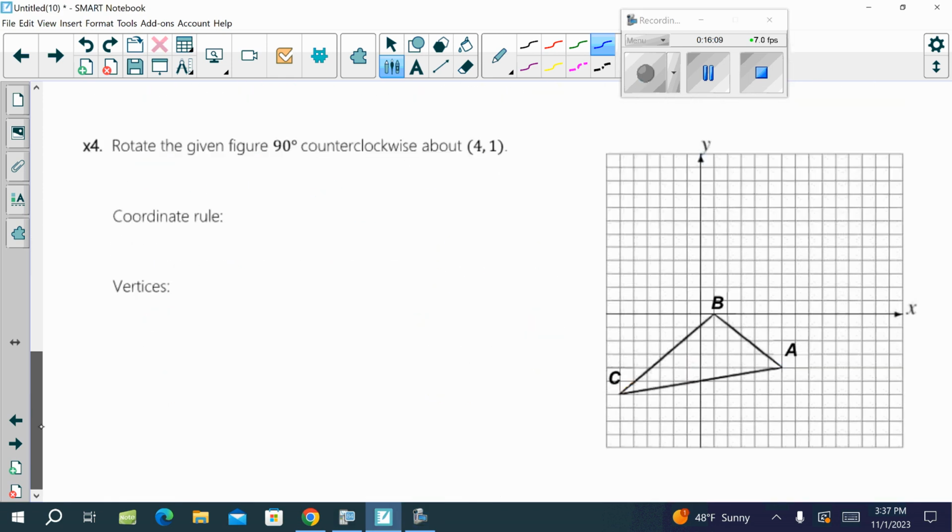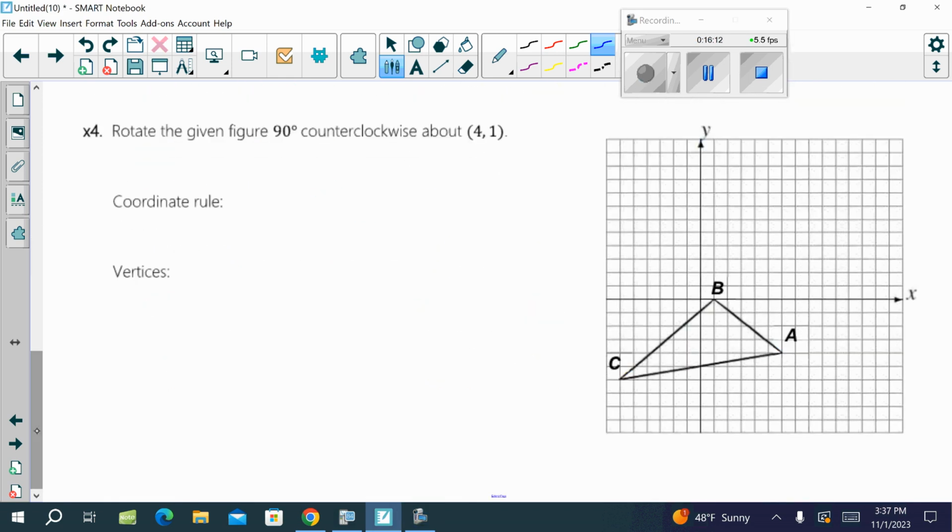Okay. So our new origin is 4, 1 here. Whenever you do this, at point P, you can put your patty paper down. And you can trace your x and y axis and then rotate it. So this one's 90 degrees counterclockwise.